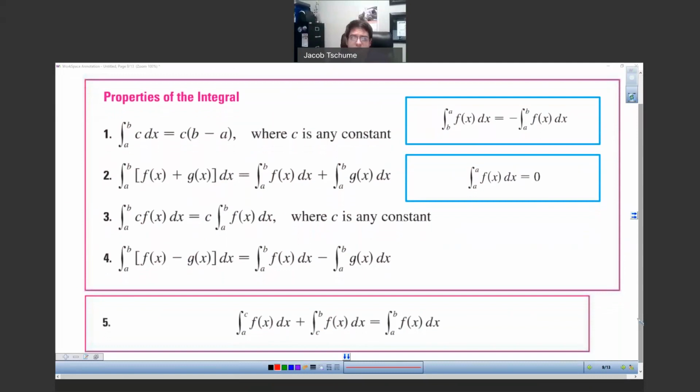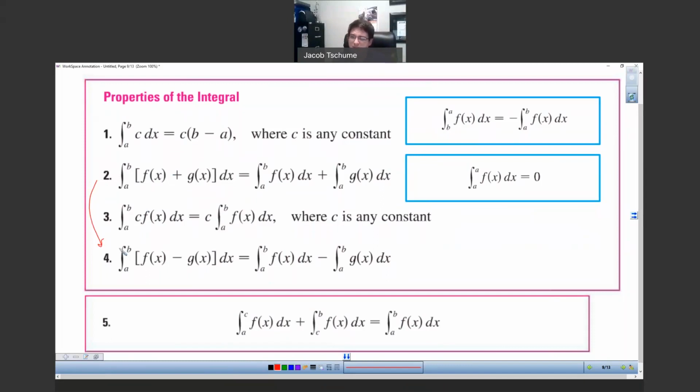Property 1 says, if you integrate from a to b of a constant c dx, your answer will just be c times (b minus a). All right, kind of like limits and derivatives worked. When you're doing addition, and this also applies to subtraction that you can see on number 4, you can actually integrate two functions separately and then put them together with addition or subtraction.